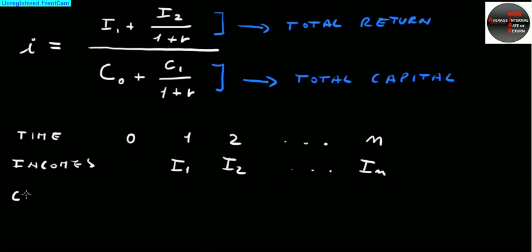And then we have n capitals, which are invested at the beginning of each period. C of 0 is the first capital, then C of 1 remains invested at the beginning of the second period, and C of 2 remains invested at the beginning of the third period, and so on.